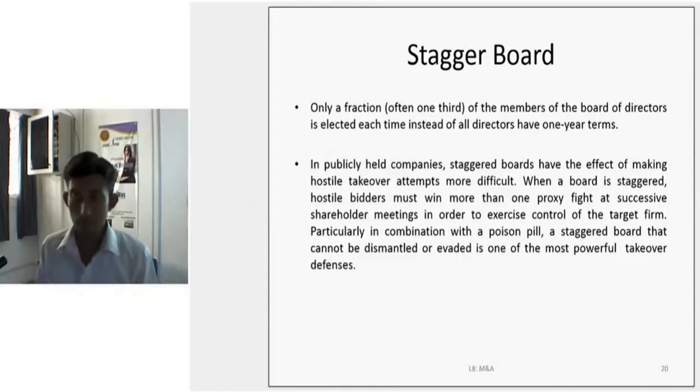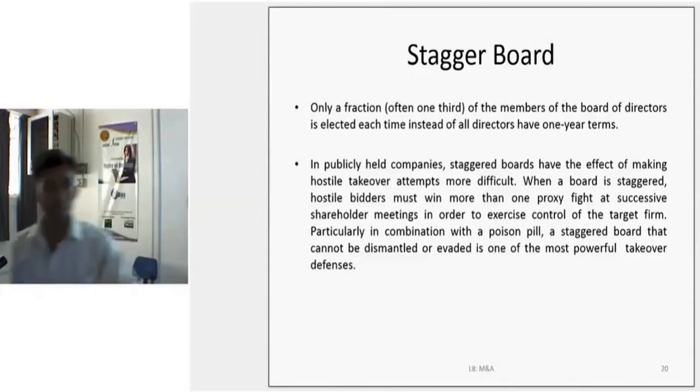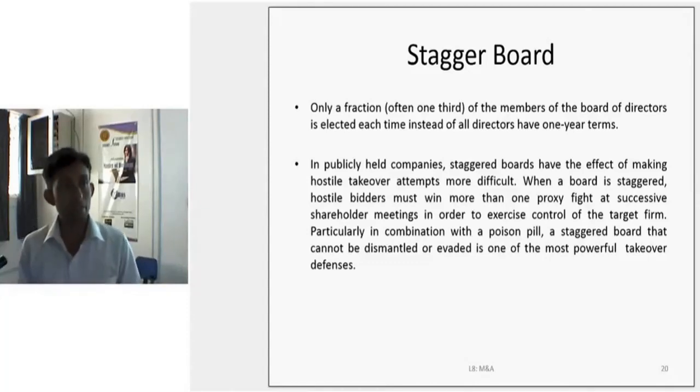So when these directors are not elected on a yearly basis, even if A takes over B, A can't put in their own directors as they wish. Why? There's a group already appointed by B, and it will take a long time to replace them, because it is not happening on a yearly basis.